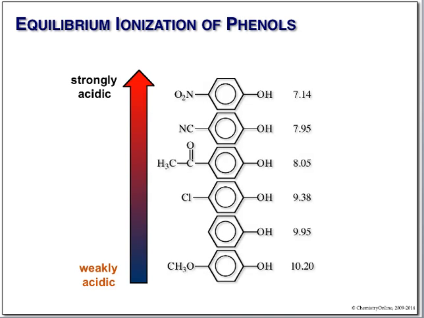If you put that in the para position, the pKa drops from about 10 down to 7. So that's a 1,000-fold increase in acidity. Cyano is also electron withdrawing, so is a carbonyl and a chlorine. Down here, the methoxy group you'll see is electron donating, and the pKa goes up a notch.